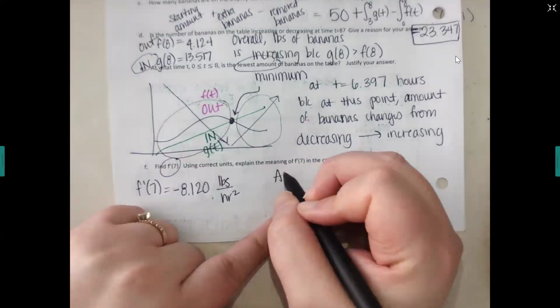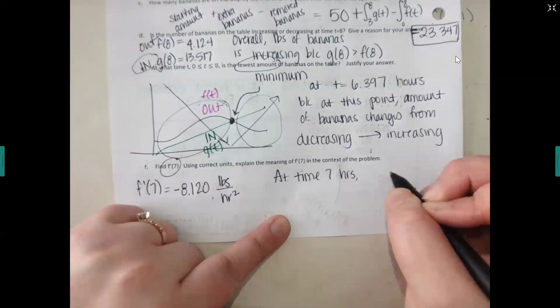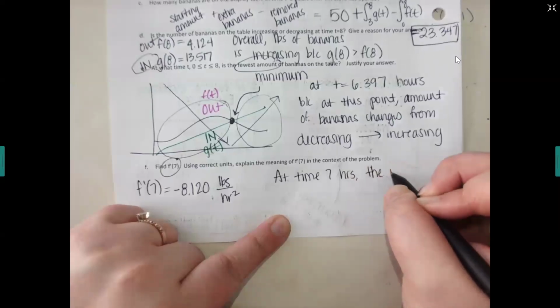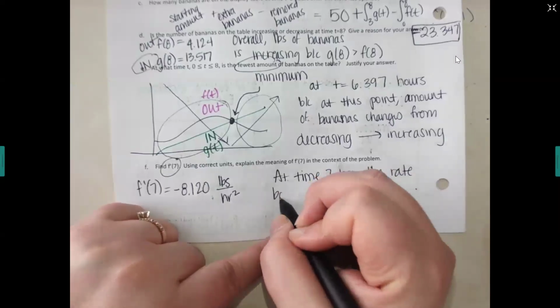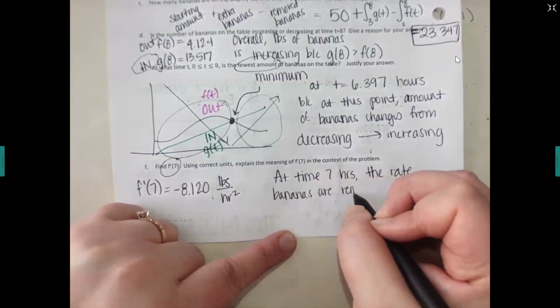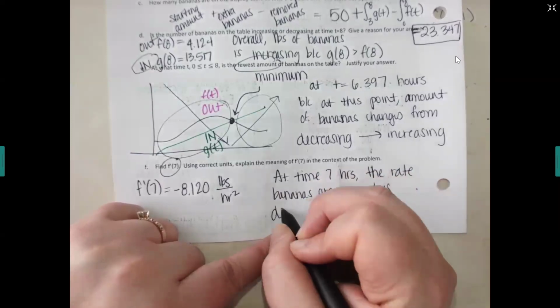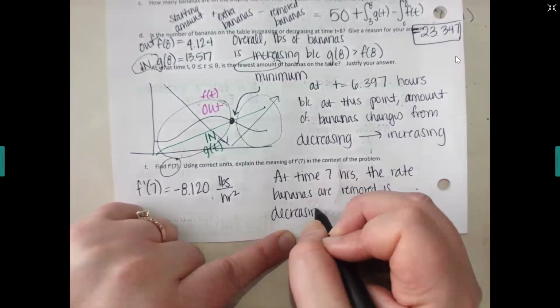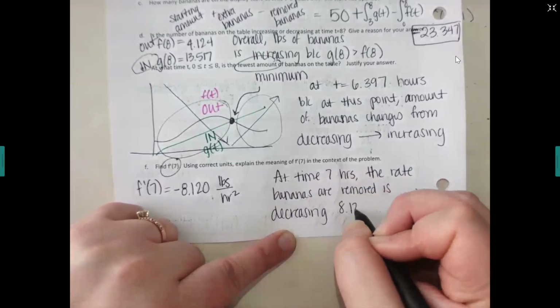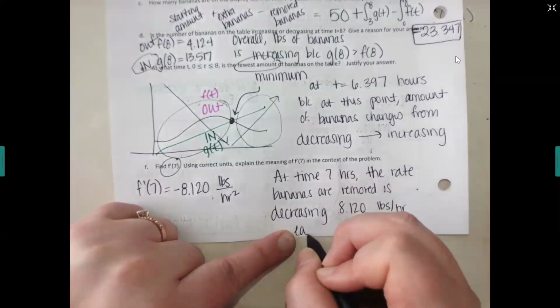This means at time 7 hours, the rate bananas are removed, that's F, is decreasing 8.12 pounds per hour each hour.